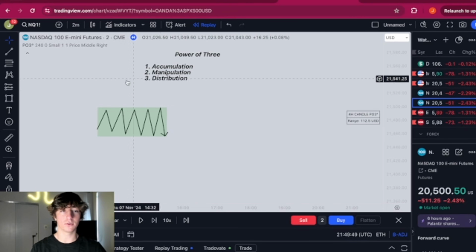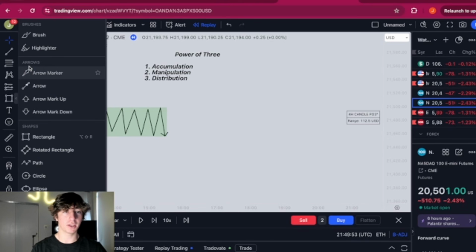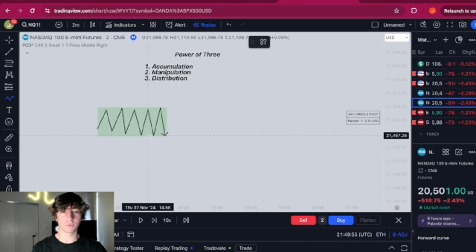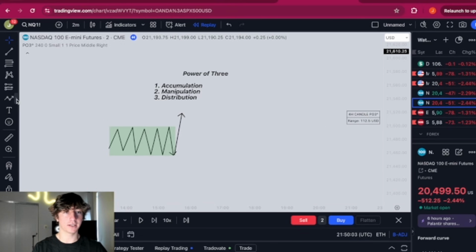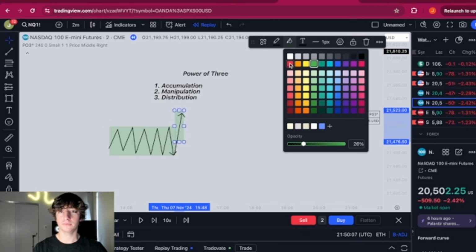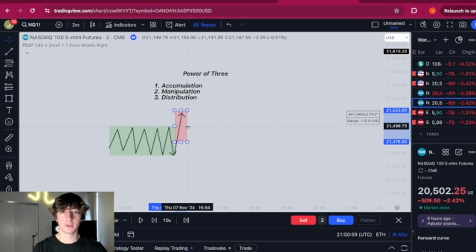What is 2? 2 is manipulation. Manipulation is when we take out those accumulation highs or lows, as we can see right here. So I like to just mark that out with a red box here to make things simple.